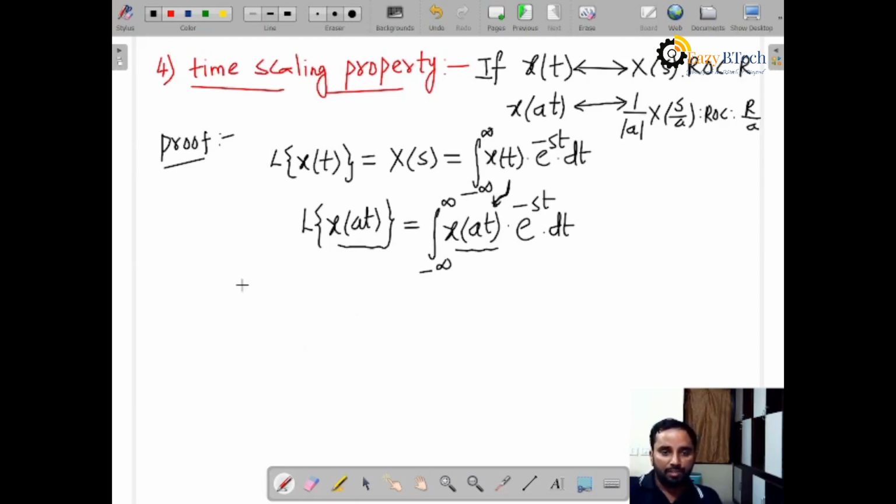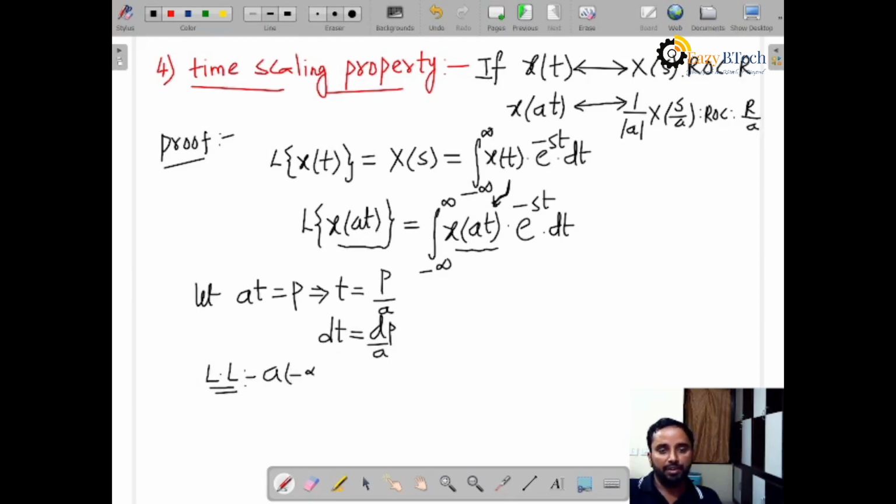Let's go to the next step. Let at equal p, the variable p. By this, t will become p by a, and dt will become dp by a. Okay, and for the lower and upper limits: lower limit a times minus infinity is equal to p, so p is minus infinity.